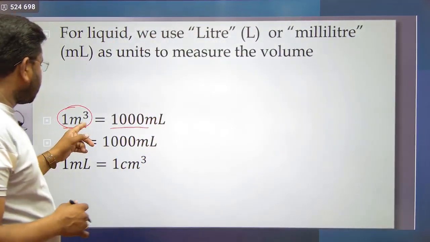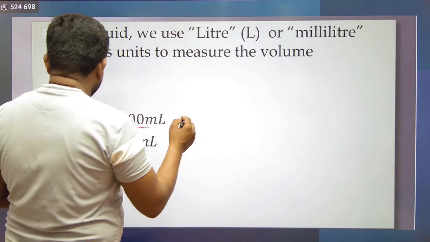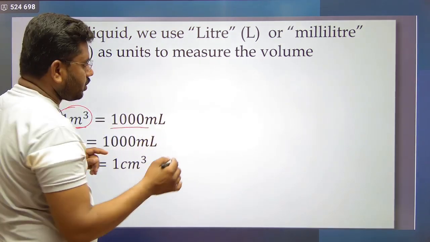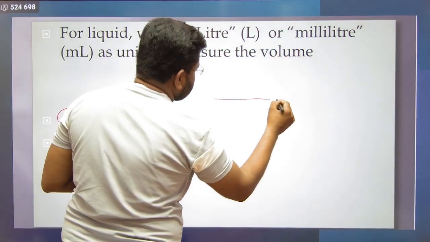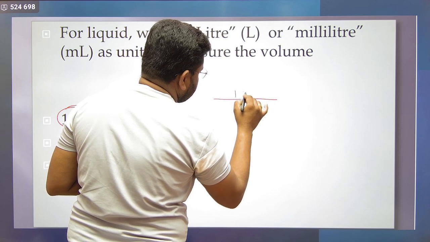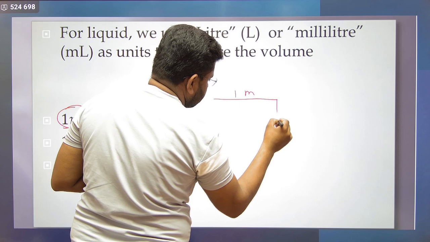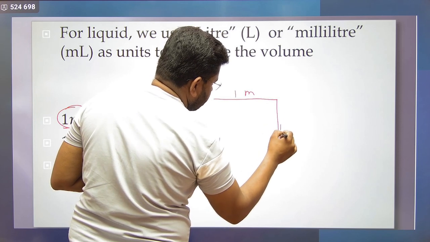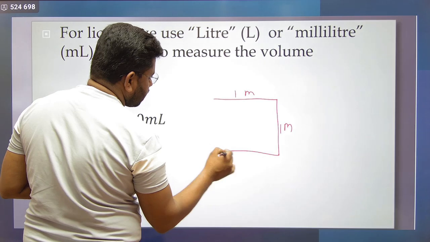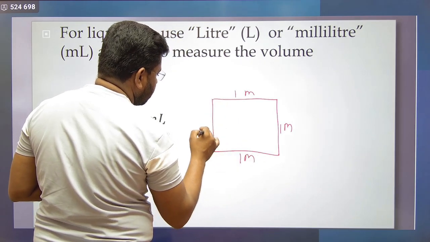So 1 meter cube is equal to 1000 liters, means what? Suppose 1 meter cube, how do we count it? Here 1 meter width, then 1 meter height, and here also 1 meter.